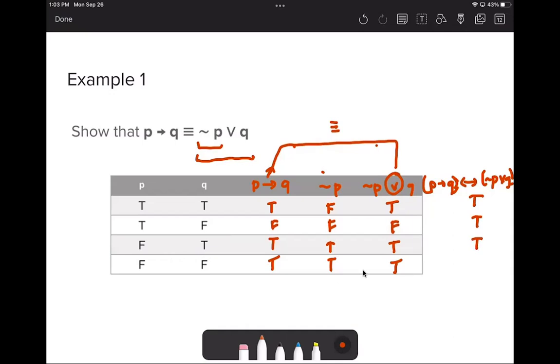And on the last row, these two statements have the same truth values, so this will also give us a true. So since this gives us a tautology, we can say that these two statements are logically equivalent.